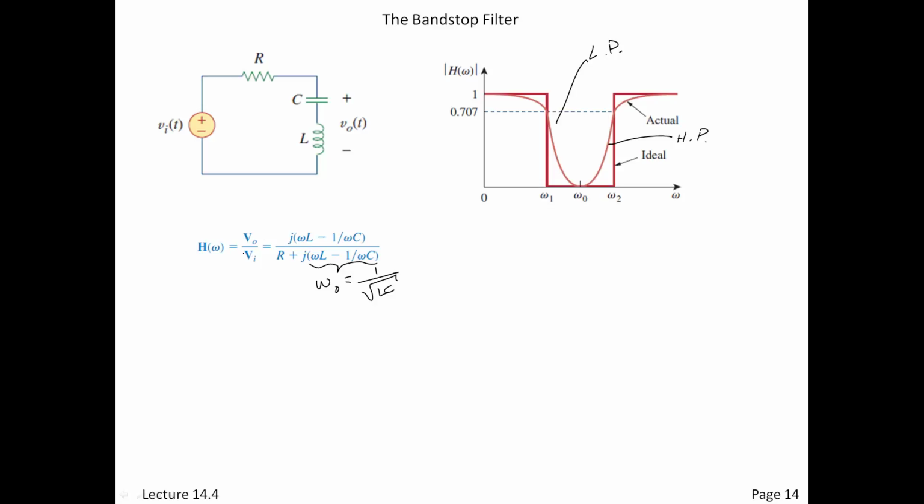Right? So you can actually take this mathematics apart, is my point, and understand which part is controlling the low pass, and which part is controlling at high frequencies. At low frequencies, let's look at it again. This term is 0, and this term is large.